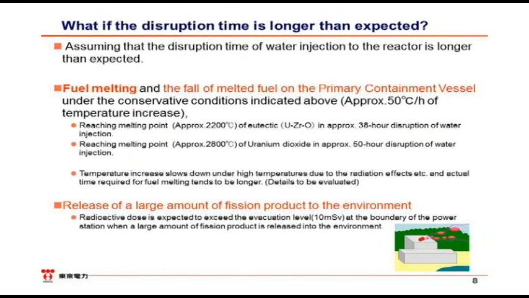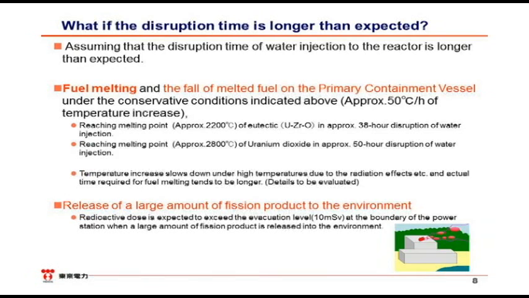Page 8. We consider that the temperature will reach 2,200 degrees Celsius, the melting temperature of the eutectic mixture consisting of uranium, zirconium, and oxygen, 38 hours after the water injection suspension if the temperature increases at the pace of 50 degrees Celsius per hour. Regarding the damaged fuel at the bottom of the RPV, we believe that it also contains the cladding tube that melted and rehardened.